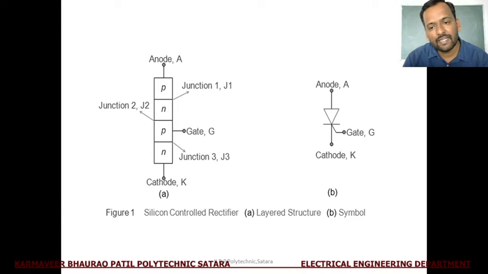Anode must be connected to the positive terminal, cathode must be connected to the negative terminal, and a gate pulse is given to the gate terminal. Turning on of the SCR is controlled by the gate. If we provide a sufficient amount of gate current to the gate terminal, then SCR can be turned on early.